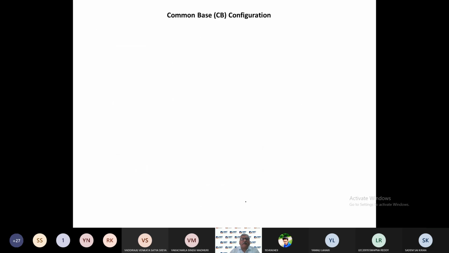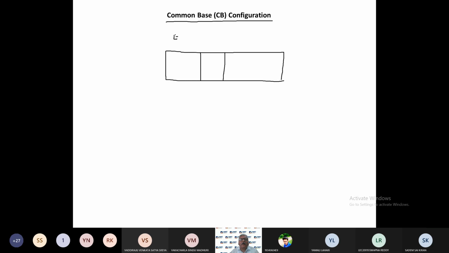So now we will see the common base configuration. This is emitter, base, collector, common base configuration of NPN.